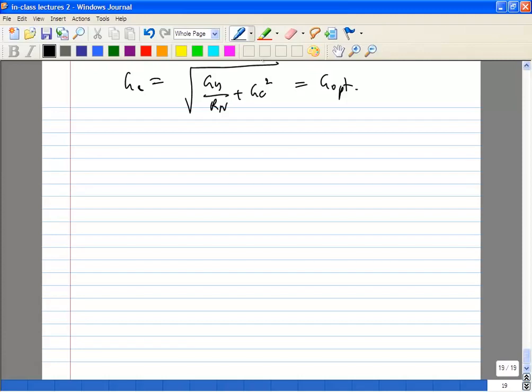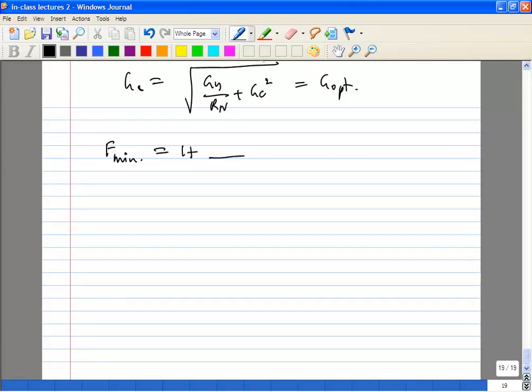So what does this mean? If you convert your source impedance to G opt and B opt, that means that your F, which is your noise factor, will be minimum, right? So let's try sticking these back into F and find out what F min is.